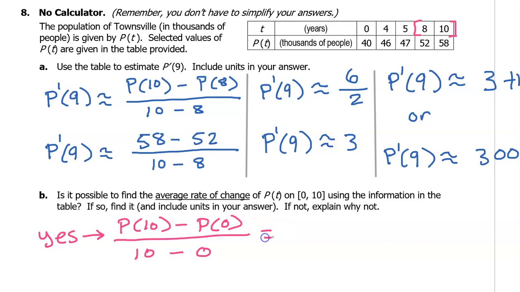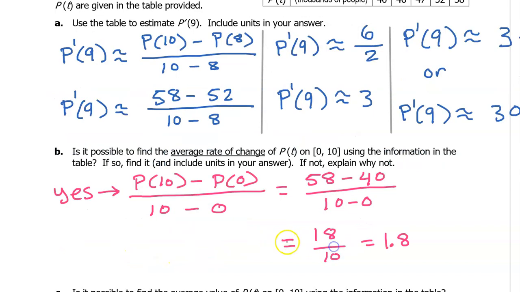However, P of 10 is 58. So we have 58 minus, and P at 0 is 40, 40,000 technically, really, divided by 10 minus 0. So that simplifies to 18 over 10, which is 1.8.